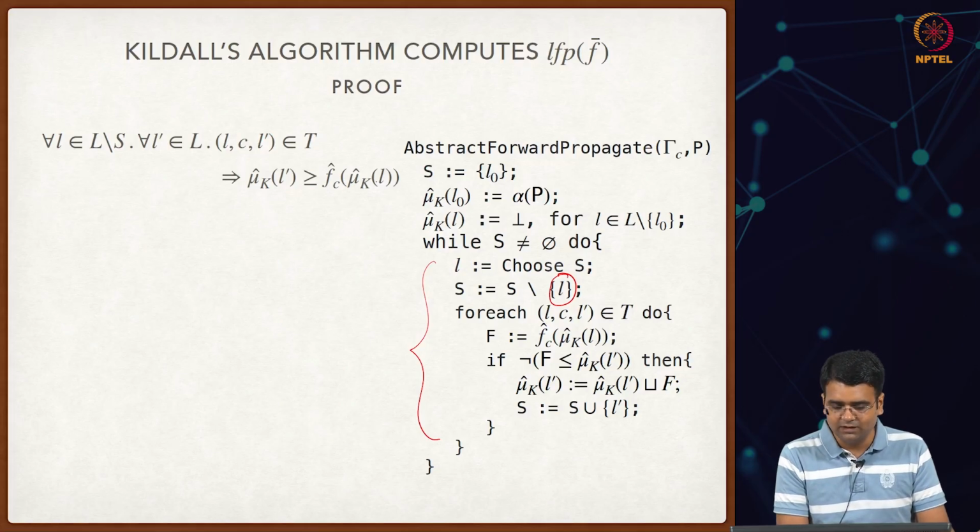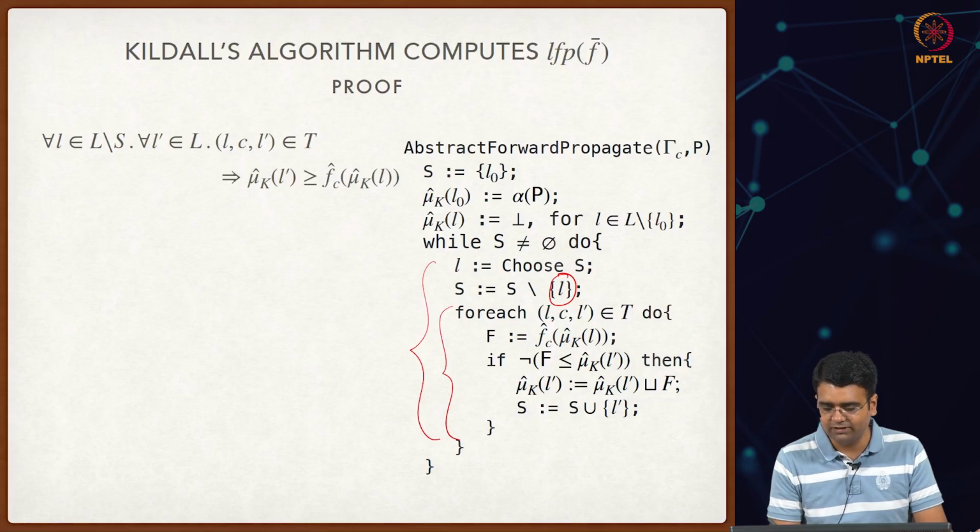Okay. So this is for this specific location L that has been removed from S in one iteration of this loop. But this for each loop does exactly what we want this loop invariant to show, because it considers every successor L prime of L, and then it propagates the value from L to L prime.